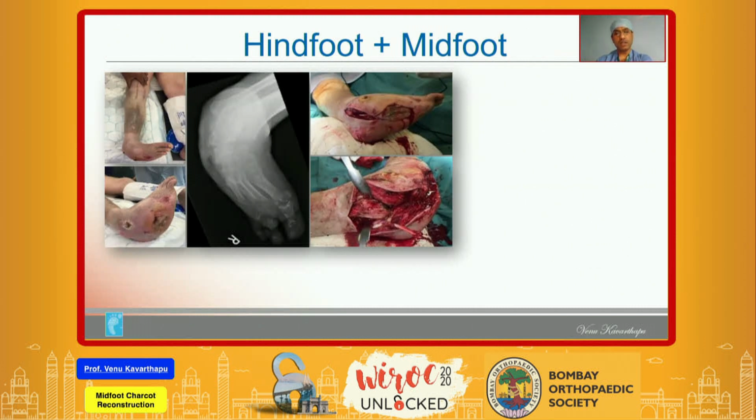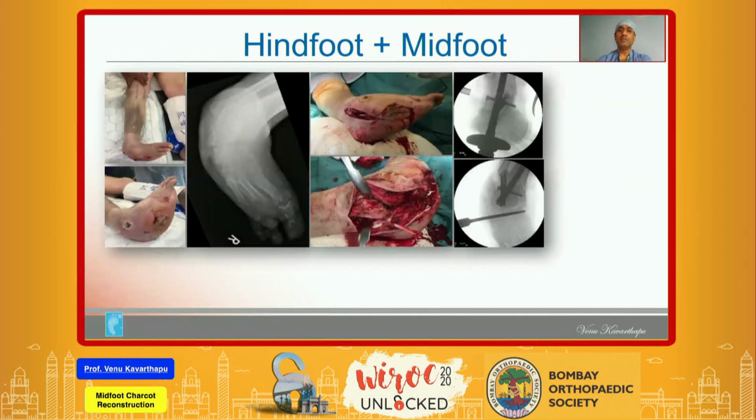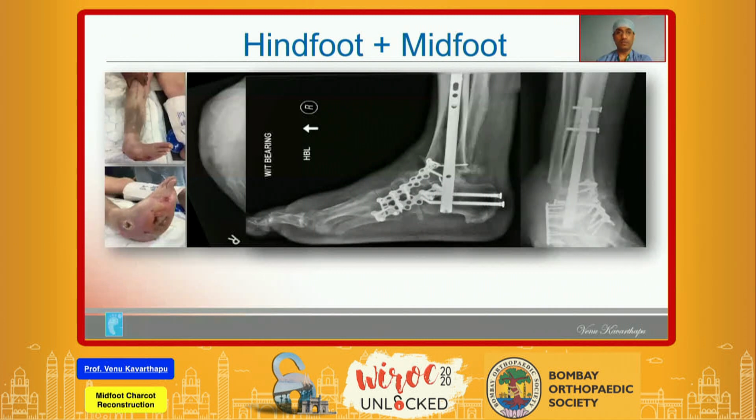We're not going to discuss the infection part in this particular talk, but this case was managed as a one-stage procedure because bone biopsies and targeted antibiotics were provided prior to surgery. So initial hindfoot correction followed by a midfoot osteotomy and fixation using a long segment rigid fixation and optimal bone opposition principle.